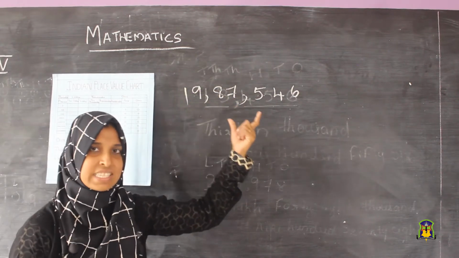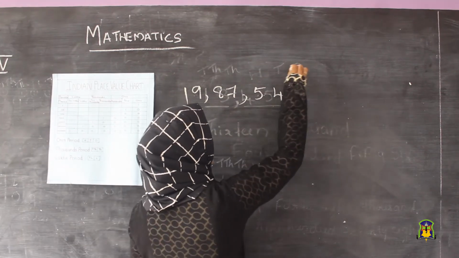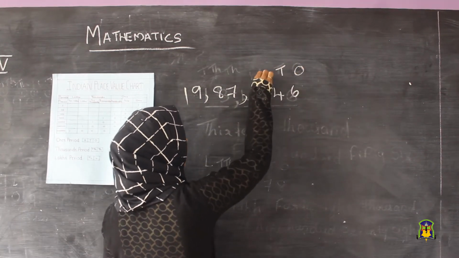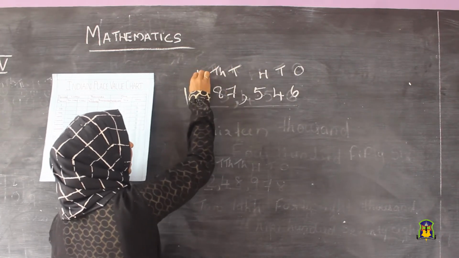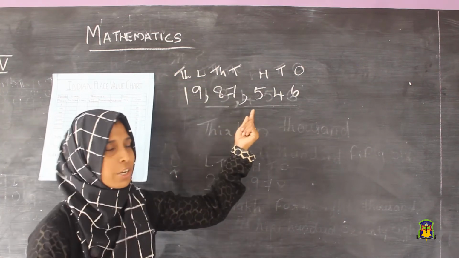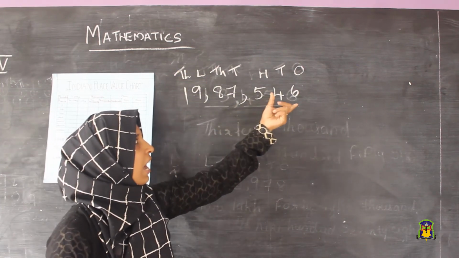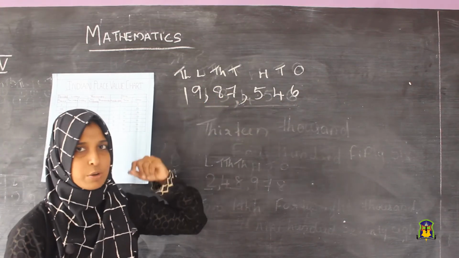This is a 7-digit number. And which are the places? Ones, tens, hundred, thousand, 10,000, lakh and 10 lakh. I have already put commas here, a comma after the ones period and a comma after the 1,000 period.